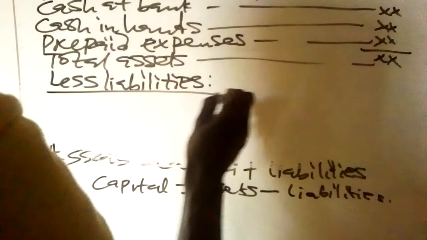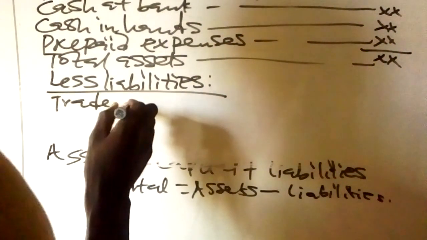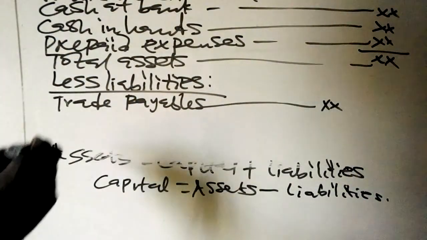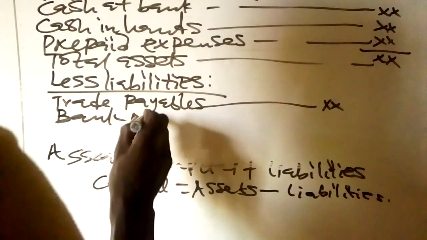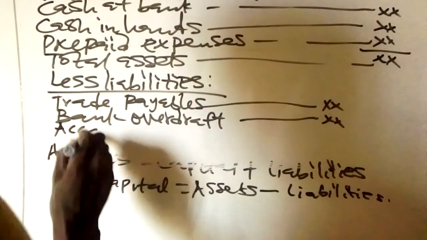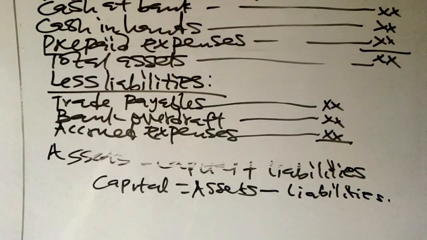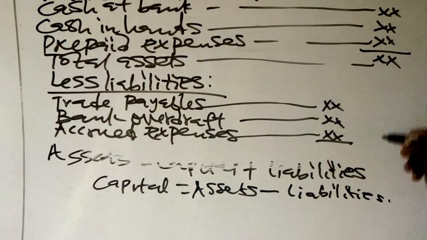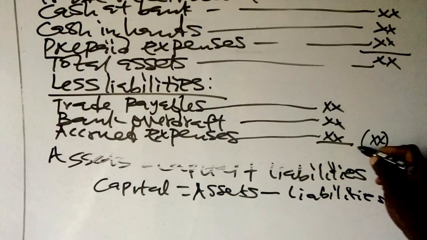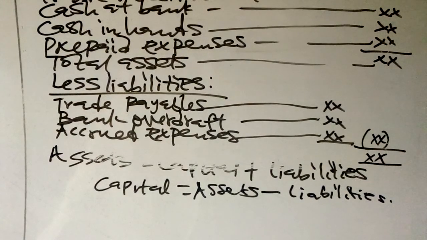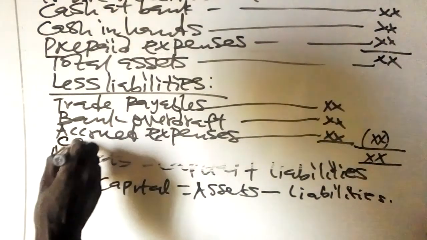Your liabilities include trade payables, your bank overdraft, your accrued expenses, and other liabilities you may be given. When you sum up your liabilities, you have these as the total liabilities. Now you put it in the same line with your assets. You now subtract your liabilities from assets. The difference is your capital.